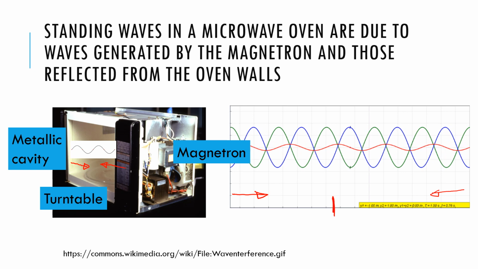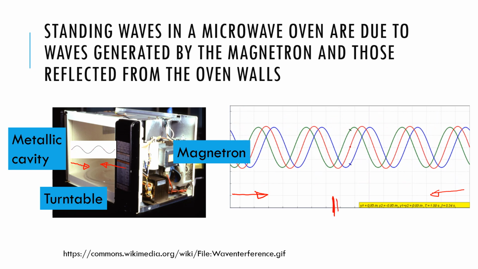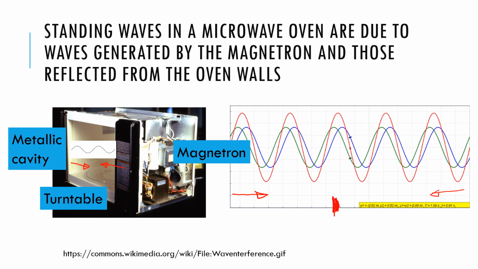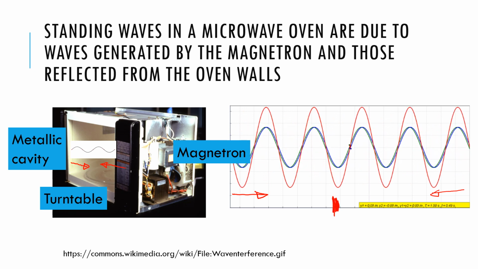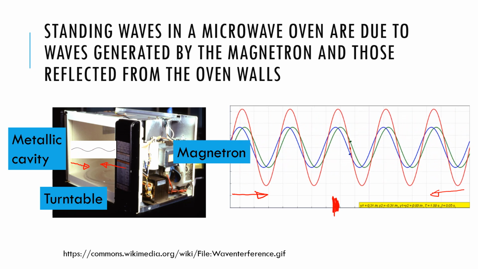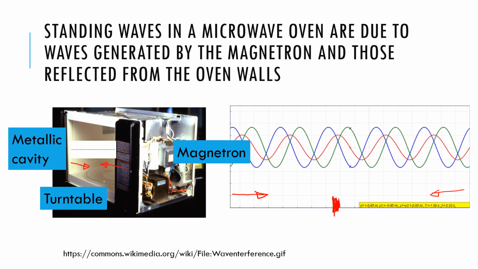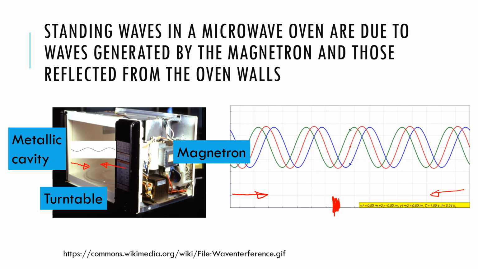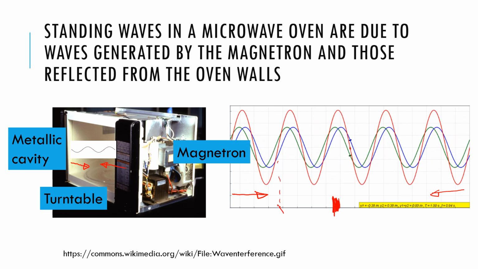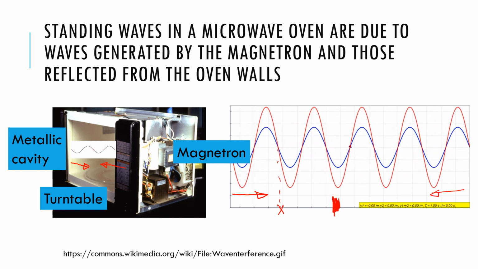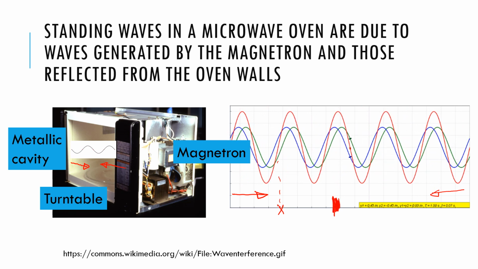So you notice the highs of the amplitude, which in the case of heating is where it's going to do the most heating, are at one place. And the lows are always staying at one place.